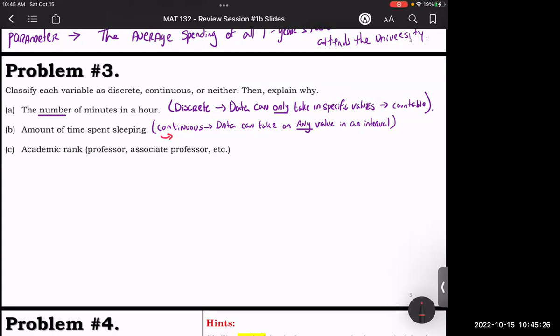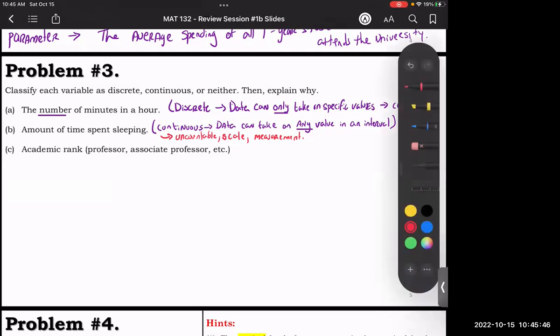But for continuous data sets, again, it will be uncountable. Think of a scale, or you can think of a measurement. Here's another example for continuous data sets.